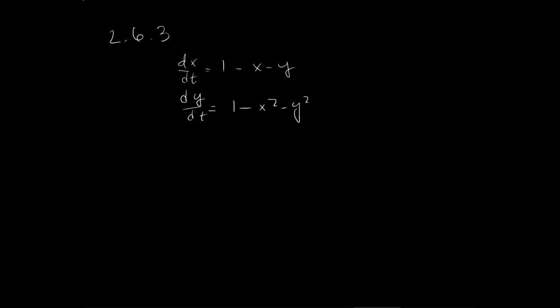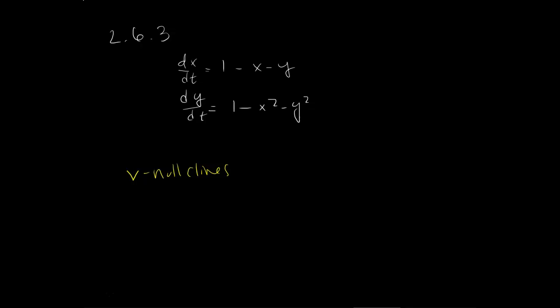So recall, to find a null line, we have to set each of these equations to 0. So if I want to find my V null line, or the vertical null lines, these are isoclines on which the slope is directly up and down. Well, if the slope's going directly up and down, then your x isn't changing.